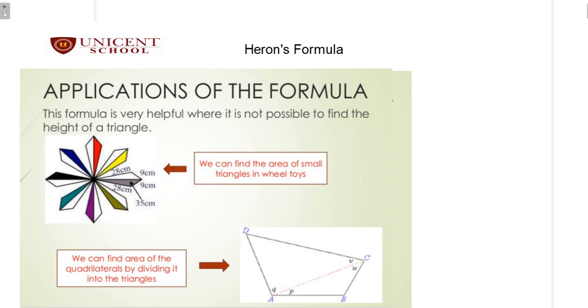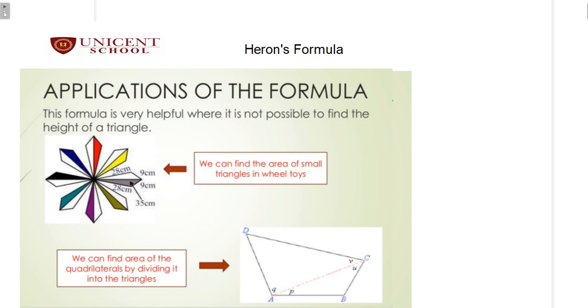And how do we calculate using Heron's formula? For the different triangles we will see.